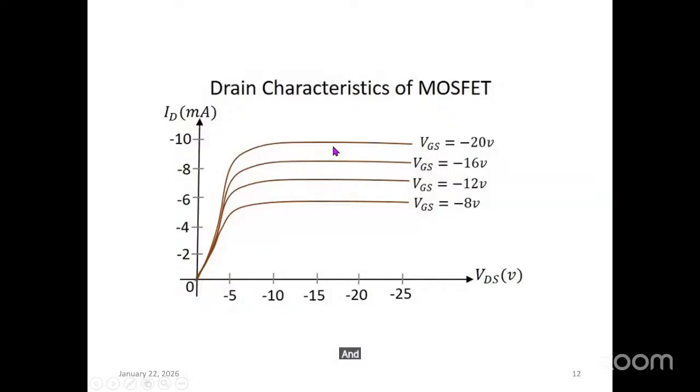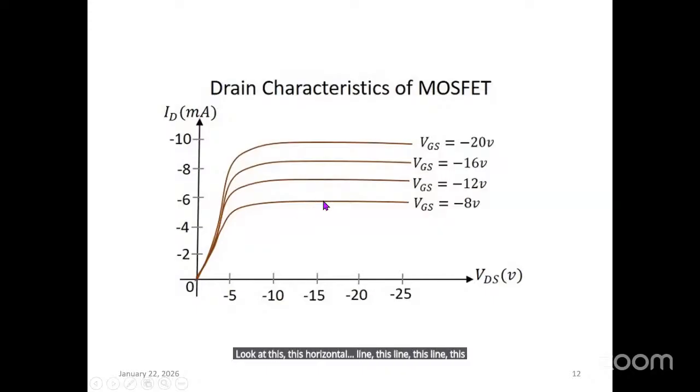This horizontal region is called the saturation region, where VDS is increasing drastically. Enough voltage is applied, but still, with respect to VDS, there is no change in ID. Look at this horizontal line, this line, this line.